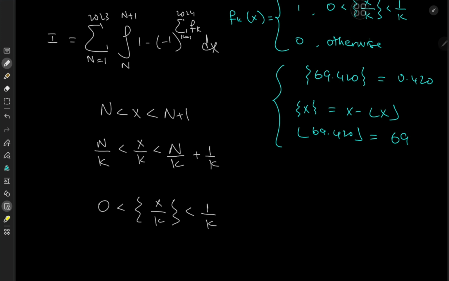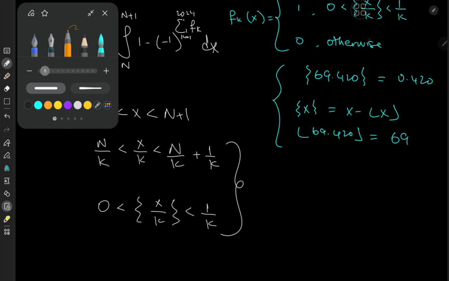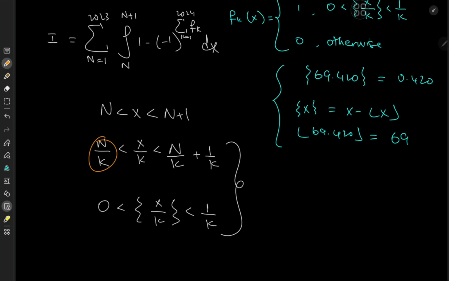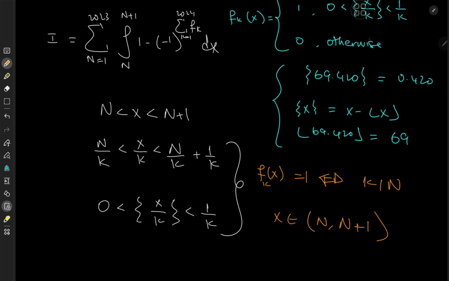So from these two inequalities, we note that this is the case only when n over k is a positive integer. So f sub k of x being equal to 1 for a given k is equivalent to n over k being a natural number, or k dividing n. Of course, this is valid for x belonging to the interval between n and n plus 1.